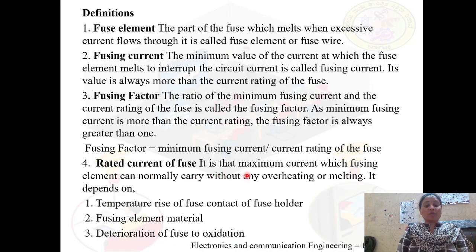So generally the rated current depends on the temperature rise of the fuse contact of the fuse holder, the fusing element material that we choose, and deterioration of the fuse due to oxidation. These are the parameters on which the rated current of the fuse depends.